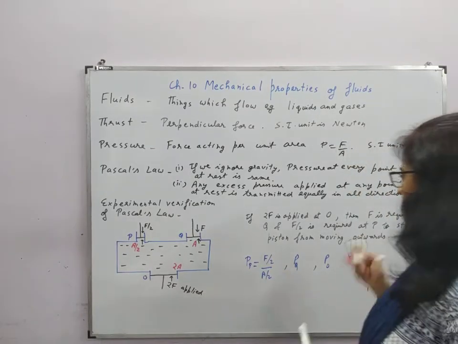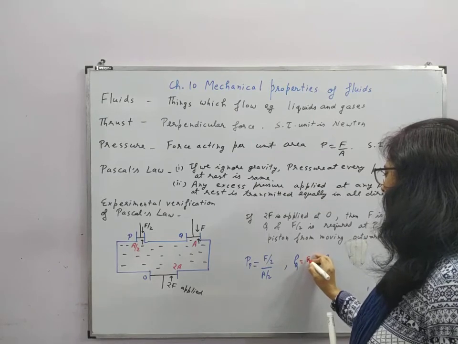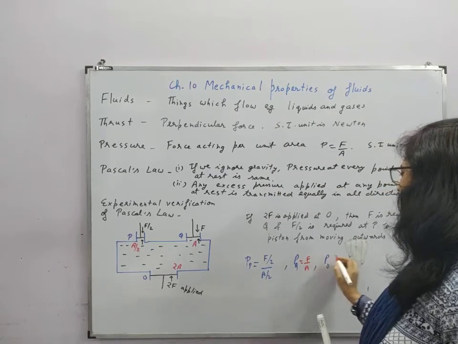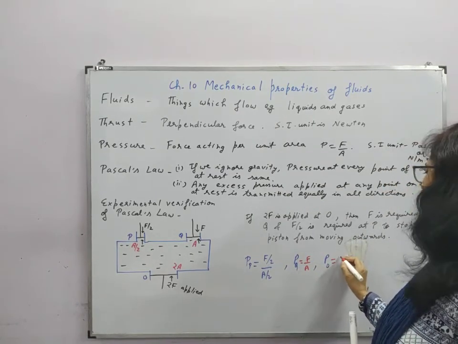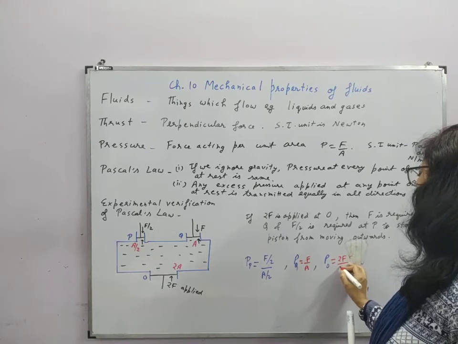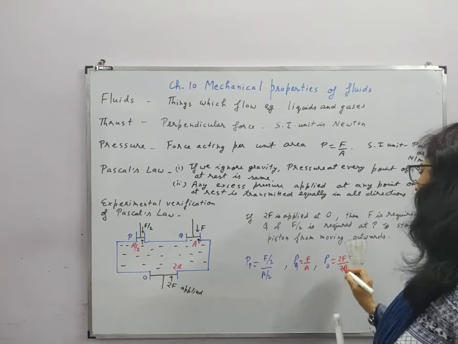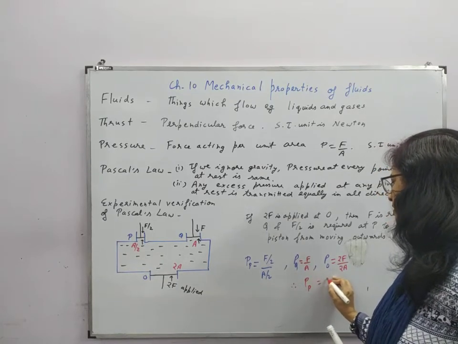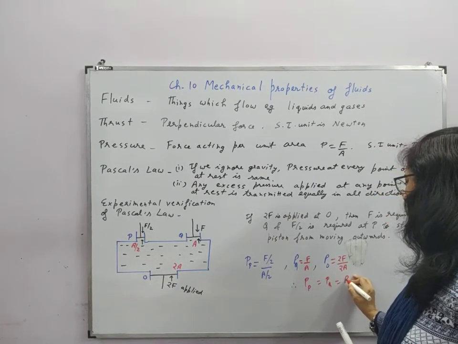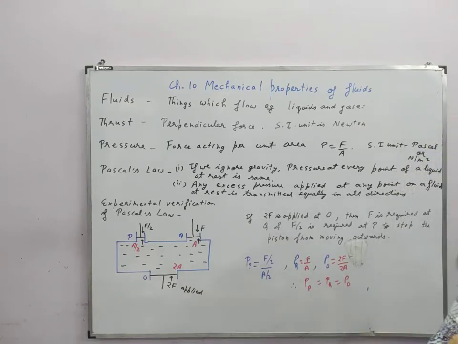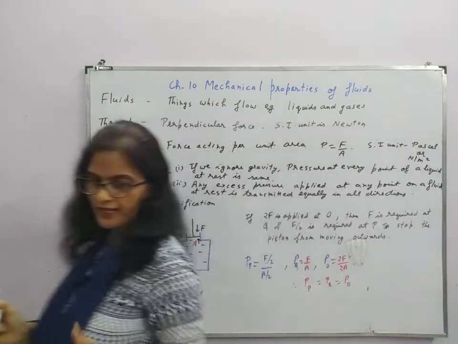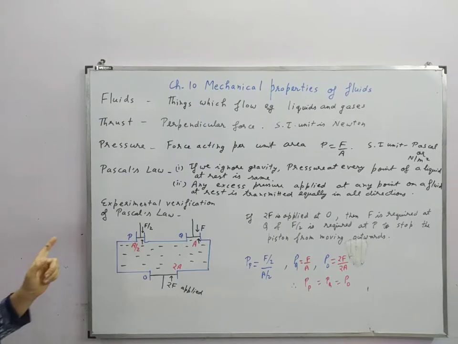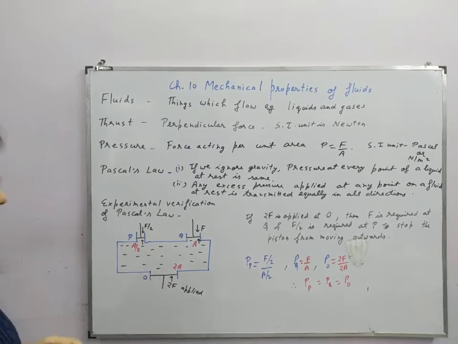For pressure at Q, force is F, area is A, and for pressure at O, the force is 2F, the area is 2A. So it is clear that pressure at P is equal to pressure at Q is equal to pressure at O. That means whatever excess pressure was applied at point O is transmitted equally in all the directions, right?